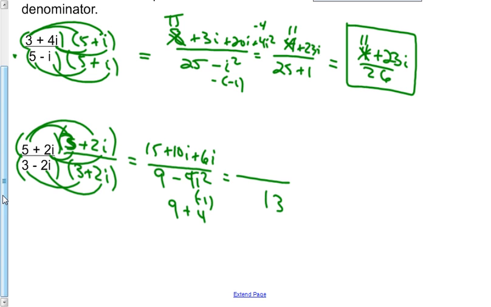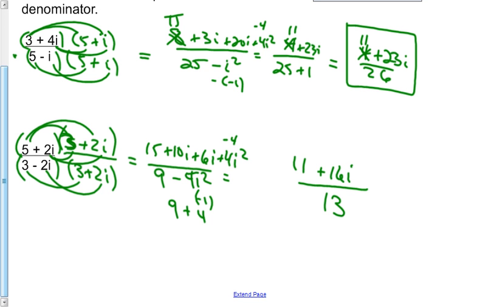And 2i times 2i is 4i squared. Okay, 4i squared is really negative 4. i squared is worth negative 1, so that's negative 4. 15 minus 4, there's 11. And then 10i plus 6i is 16i, and we had a total of 13 on the bottom.